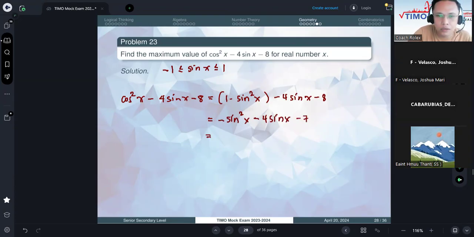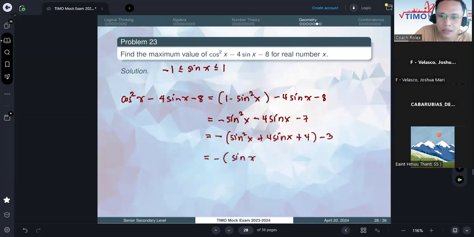So from here, we factor out this one, sine squared x plus 4 sine x. I want it to have a plus 4. So we have negative 4. So you are left with negative 3 here. So that this will become negative sine x plus 2 quantity squared minus 3.